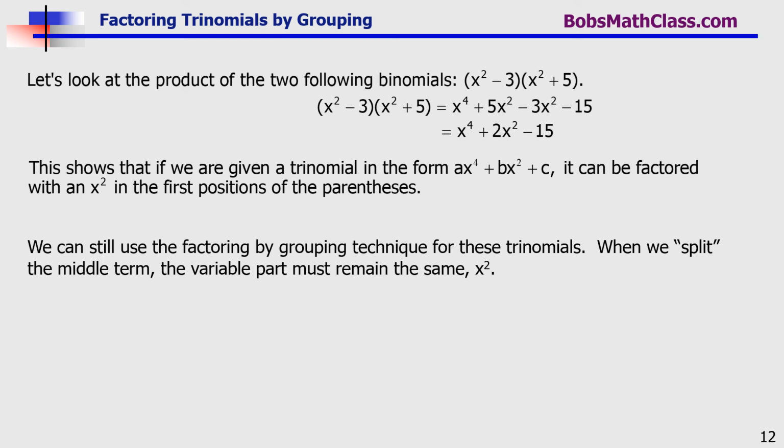It must be half of whatever the first term was. So in these problems, the first term is x to the 4th, the second term has to be x squared. If the first term was x to the 10th, the second term would have to be x to the 5th.